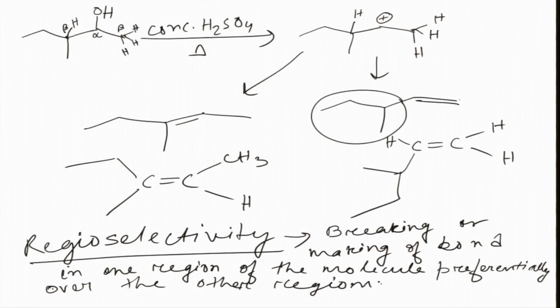Okay. This is called regioselectivity. Now, the formation of alkenes are governed by a rule called the SATHEE rule.